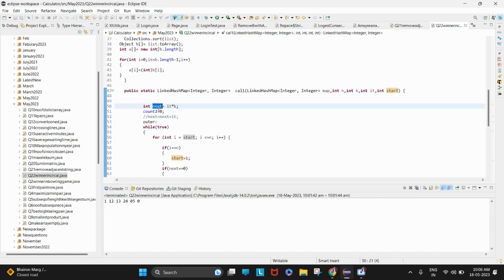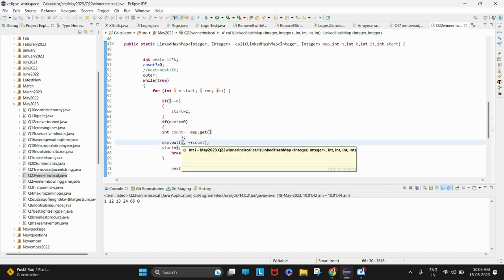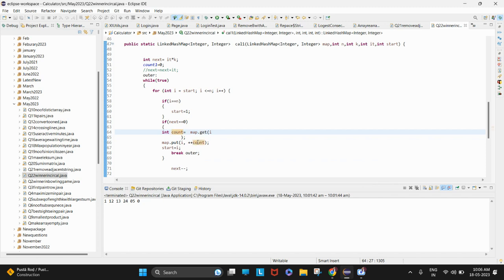So I have to move two elements beyond. Because it is a circular array, if there are elements remaining, we again have to start the loop. If the remaining count becomes 0, I have consumed all the people. The person with the ball in hand will be the ith person. I will get the count and increase the count, initialize the start value and break the outer loop.